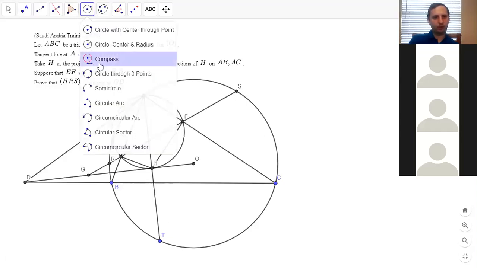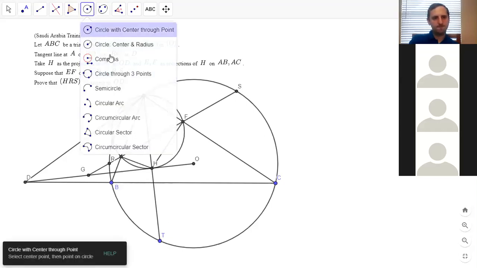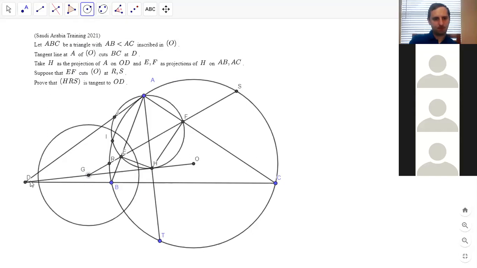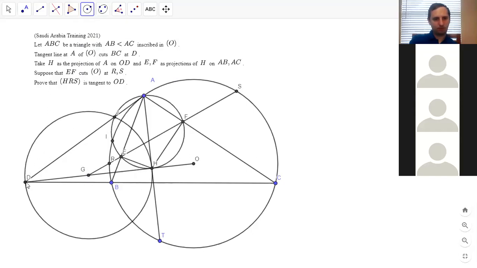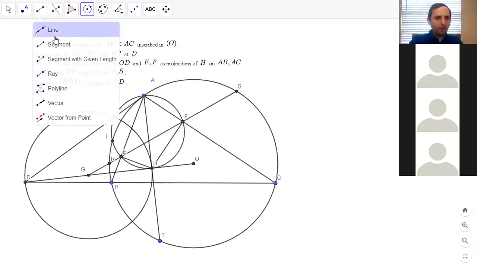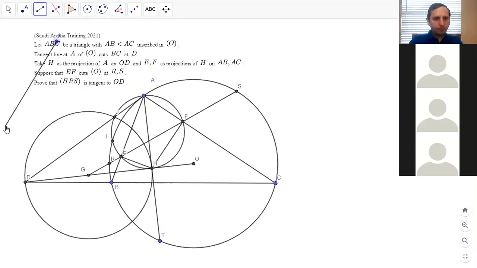Let me draw that again. So it's like G is the circumcenter of HJD, and it looks like A, H and G are collinear. And so this, yeah, we know that's a right angle.